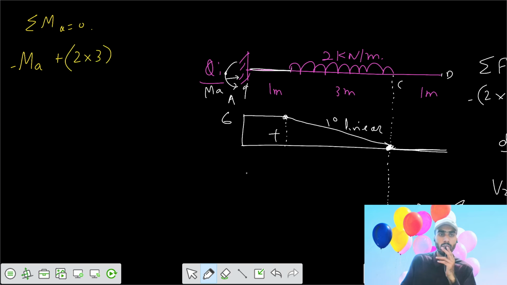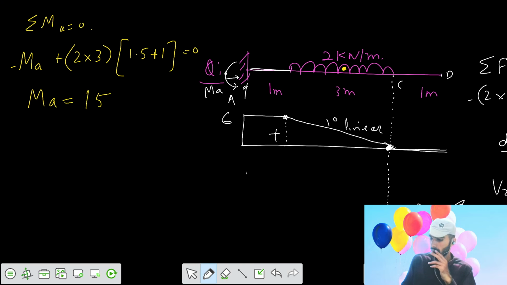This becomes your load. It acts at the centroid, which from A is 1.5 meter plus 1 meter. So your moment at A equals 2.5 times 6, 15 kilonewton meter. That means the direction assumed is correct.